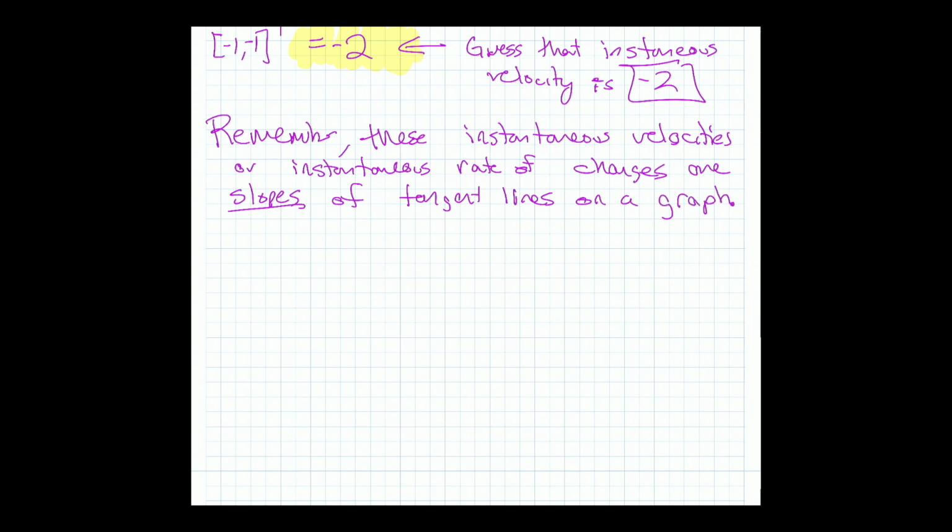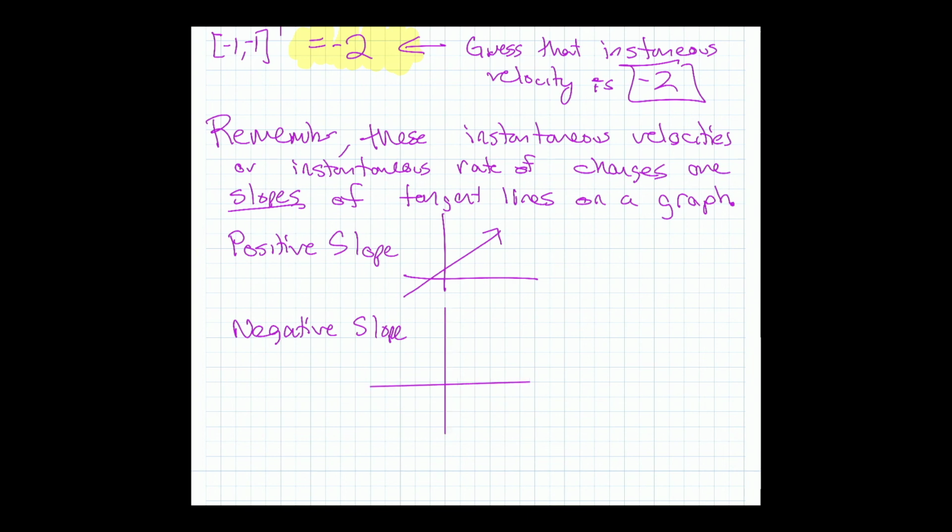So, for example, you know what a line with a positive slope looks like, right? On a graph, if a slope is positive, that means it goes up and to the right. And what's a negative slope look like? A negative slope is down and to the right.